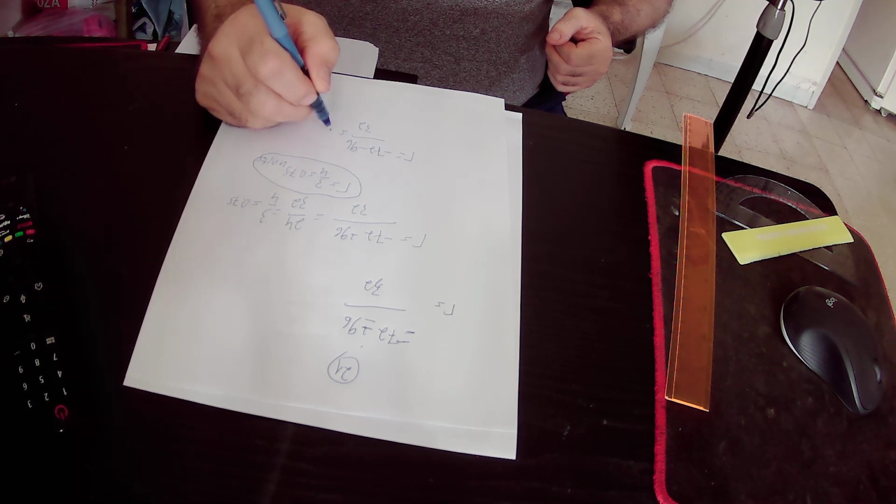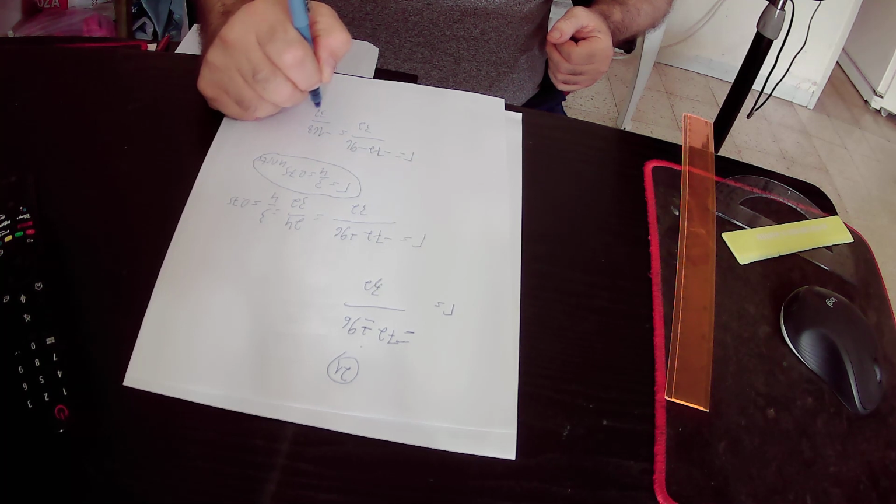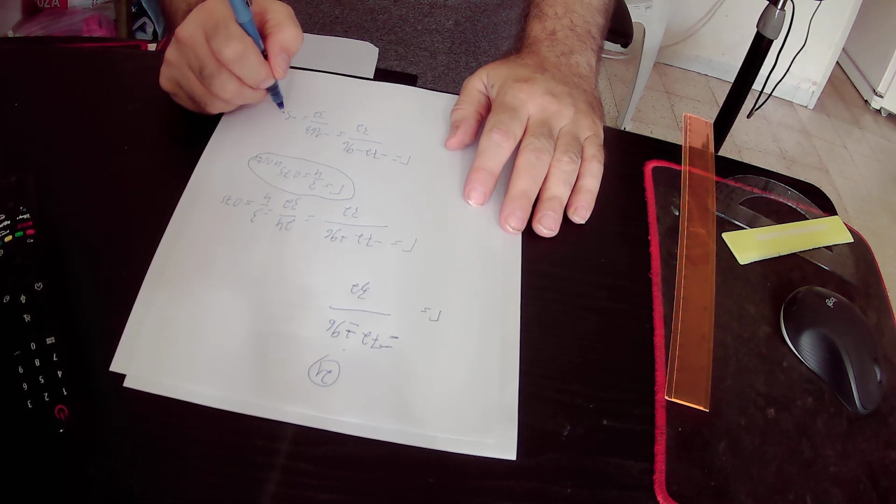It is actually minus 168 over 32. It equals minus 5.25.